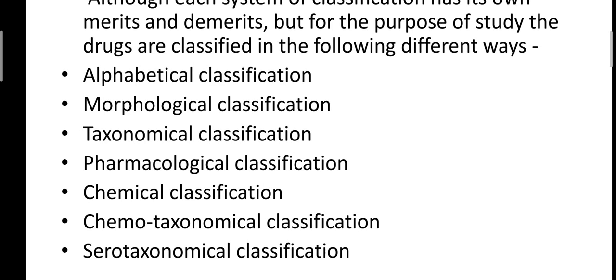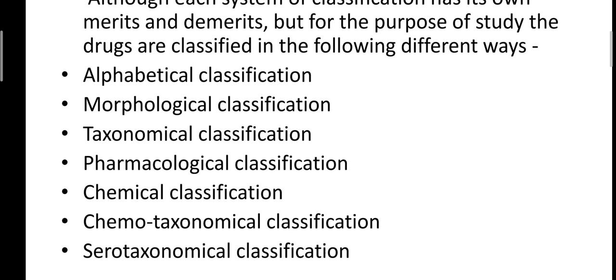First, alphabetical classification. Second, morphological classification. Third, taxonomical classification. Fourth, pharmacological classification. Fifth, chemical classification. Sixth, chemotaxonomical classification. And seventh, serotaxonomical classification. Alphabetical means according to alphabets like A, B, C.